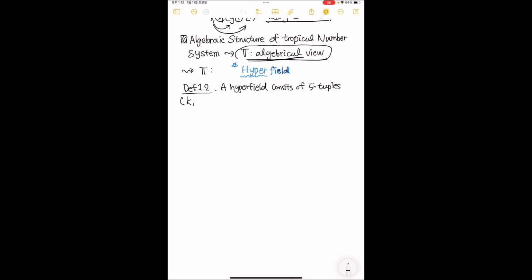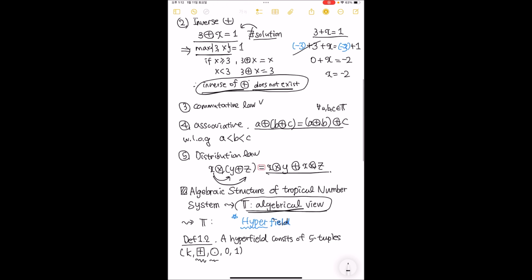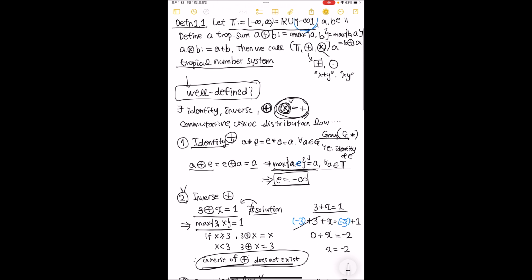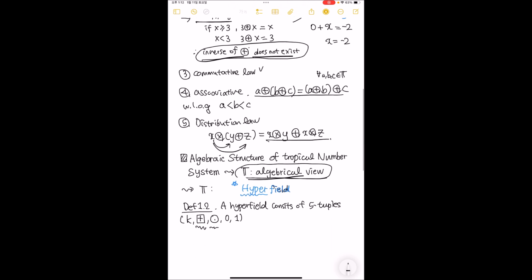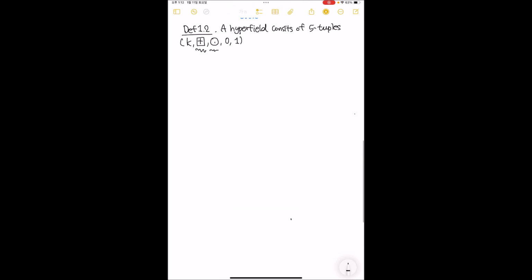K, that is a field, with 0 and 1. This is the notation of a hyperfield, and it is the reason why some authors use the tropical addition and multiplication like this. Then, that is a very strange set.